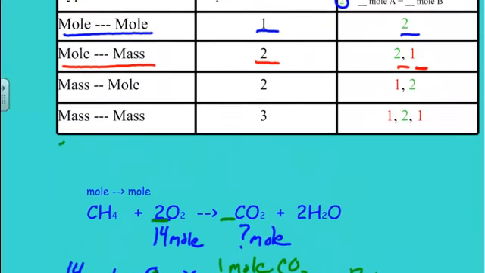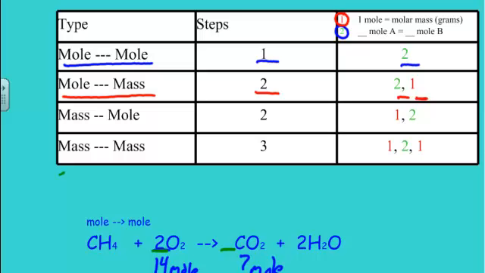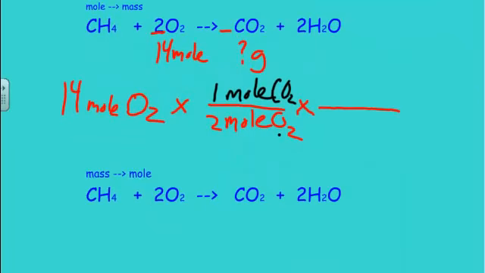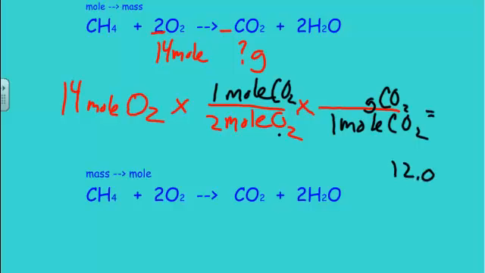So the next ratio I use, come back up here to our boxes. If I need to use number 1, I need to use the one right here. Yeah, 1 mole equals molar mass. I'm going to change it to grams now. So 1 mole of carbon dioxide, and I need to know the molar mass of carbon dioxide. Now, that would require me to add 12, which is carbon's molar mass, to 16, which is oxygen's molar mass.